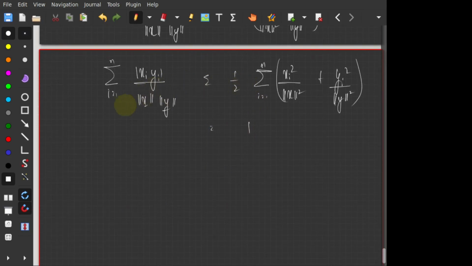Just multiply both sides by norm x times norm y, and that just gives you Cauchy-Schwarz. So you can derive it just using the AM-GM inequality, nothing more.